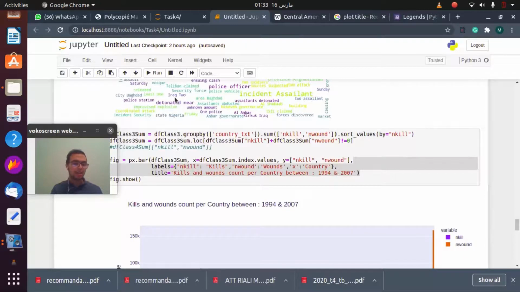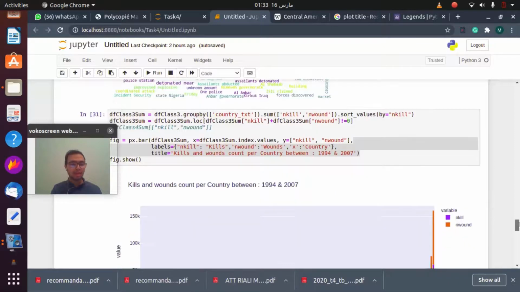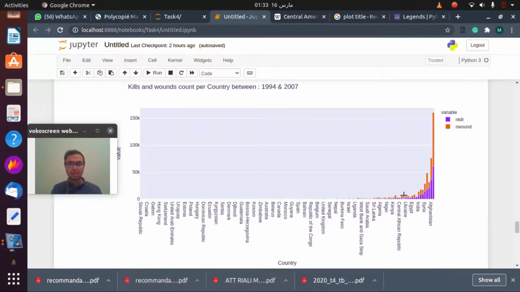Iraq here, Iraq city, Baghdad police station, Al Anbar, Kirkuk, Iraq, ISIL, Islamic State in Iraq and the Levant. And here we have the result of victims that are in the majority Iraqi, or from Afghanistan, Nigeria, Pakistan, Syria, etc.